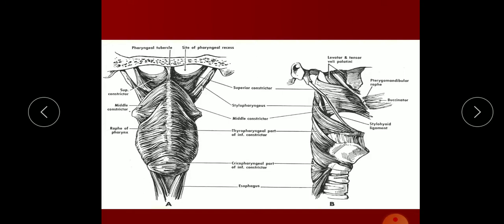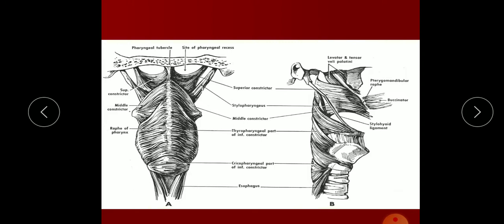So when you view these three muscles, what is the common feature you note for these three longitudinal muscles? One is stylopharyngeus, the other one is palatopharyngeus, other one is salpingopharyngeus. The thing is, the origin for the three muscles are different, as indicated by the name. Stylo means from the base of the styloid process. Palatopharyngeus means it is from the palatine aponeurosis by two fasciculus, anterior fasciculus and posterior fasciculus.